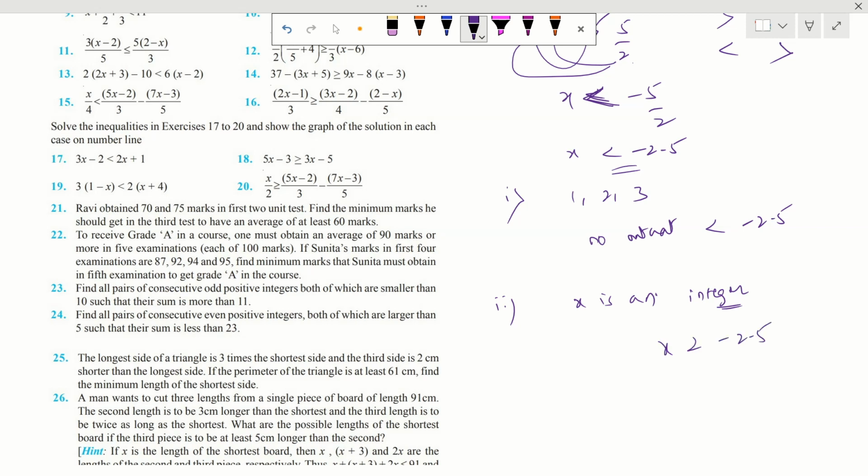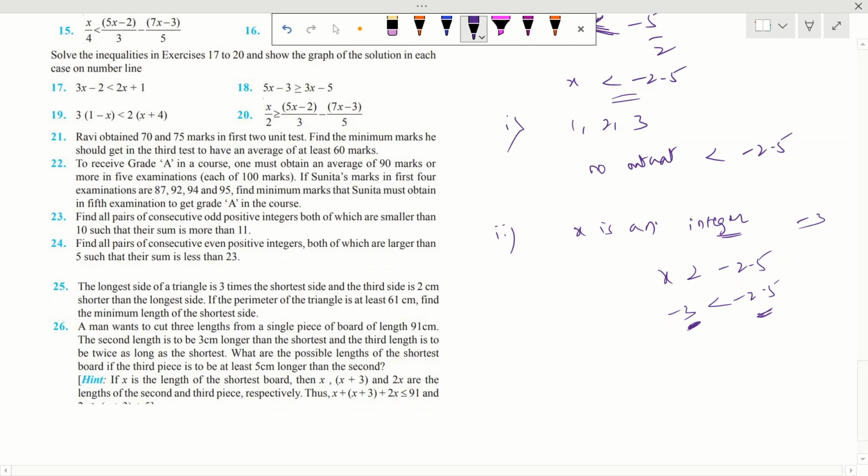The next number after minus 2.5 is minus 3. So minus 3 is less than minus 2.5, and minus 4 is also less than minus 2.5.